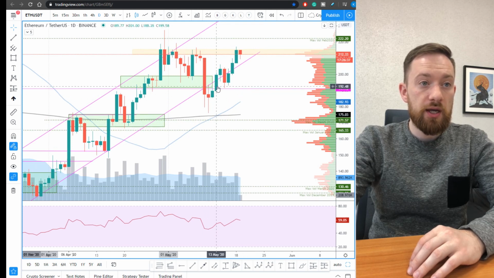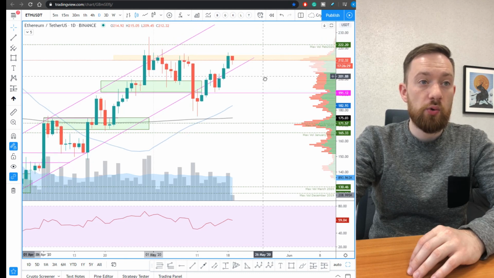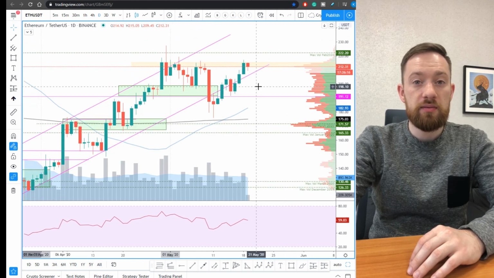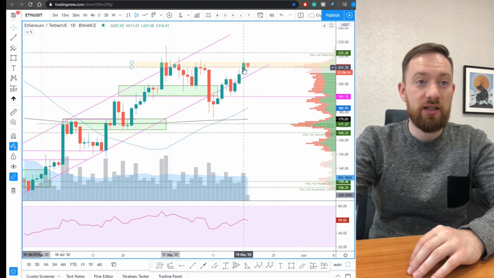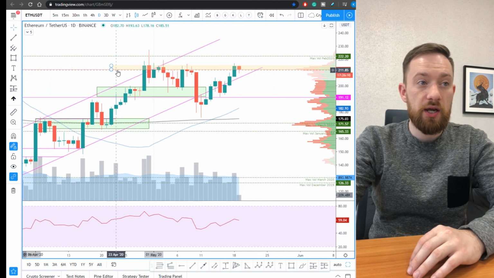However, the price was able to slowly recover towards exactly the same area of 215, after which it starts showing some weakness. And at the same time, we can see that volume profile is signaling that we are facing a nice area of resistance over here.